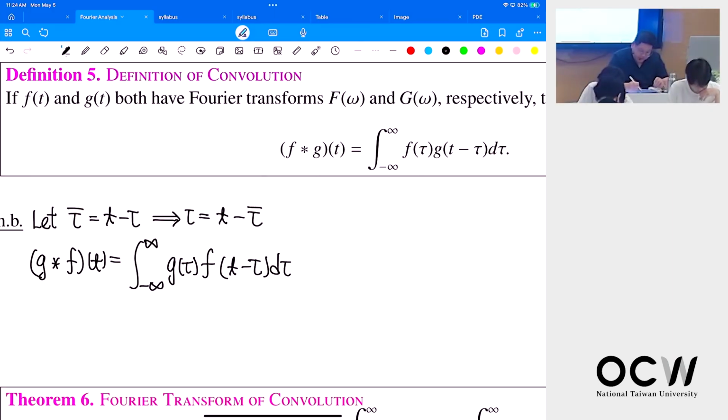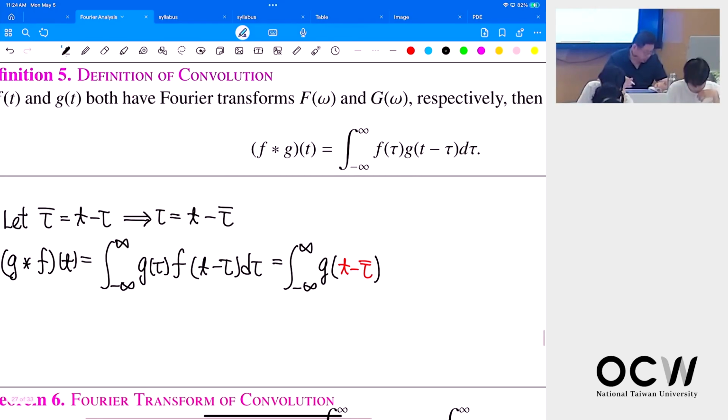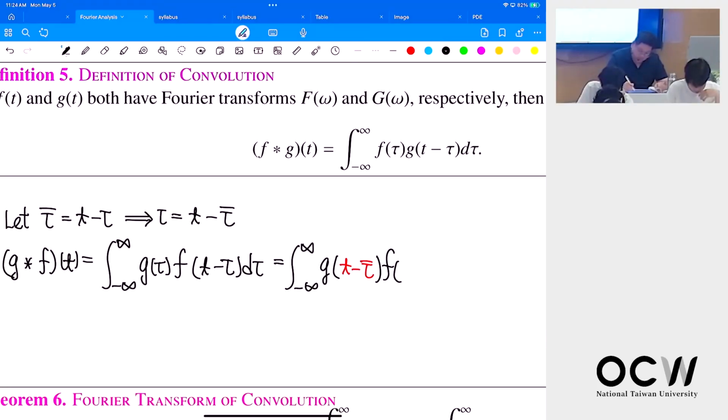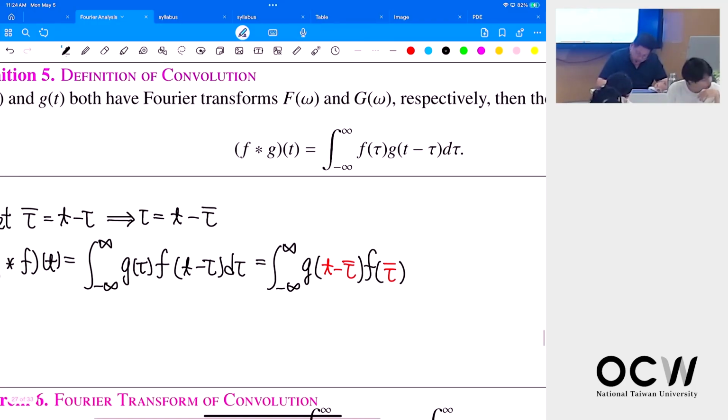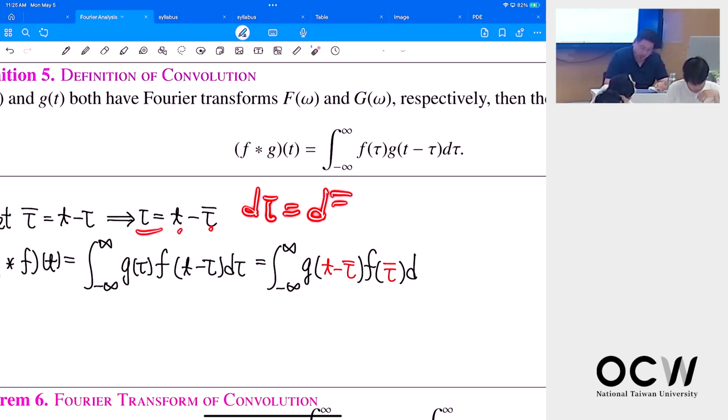Now I will change t minus tau to tau bar. So tau will be t minus tau bar, and d tau equals d tau bar.